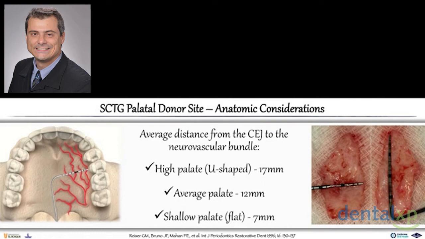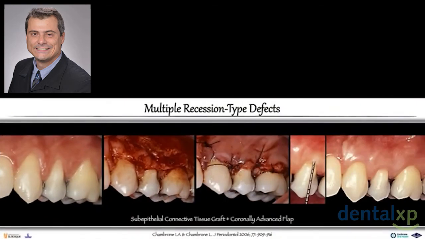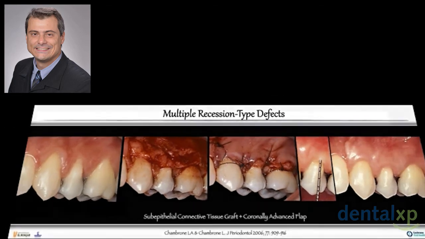For those cases where we have enough connective tissue to be harvested from the palatal vault, even for areas like this one, comprehending 3 gingival recessions, we may achieve very good aesthetic and functional results.